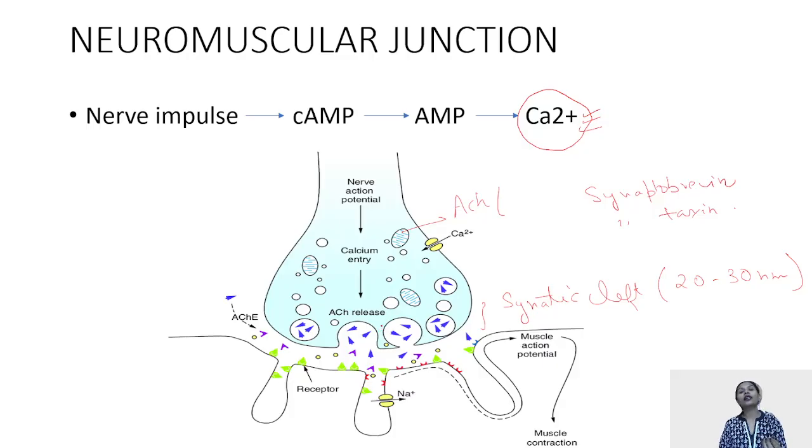And this acetylcholine is now going to act on the receptors which are present on the muscle end plate, which are the acetylcholine receptors. The beauty of these acetylcholine receptors is that it is a pentameric receptor. Please remember, it's a pentameric receptor which consists of two alpha units, gamma, epsilon, and delta.